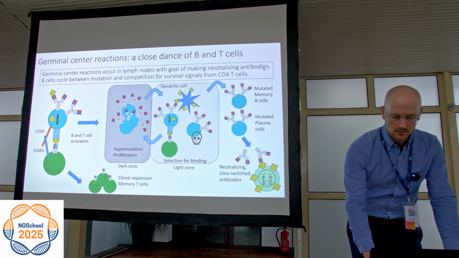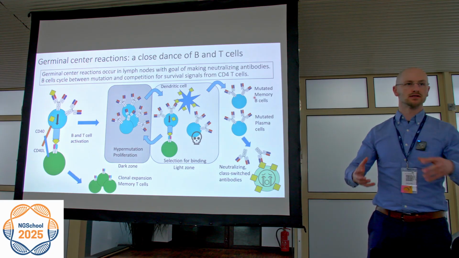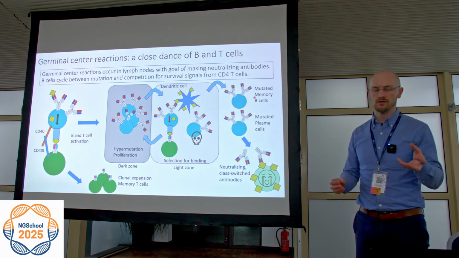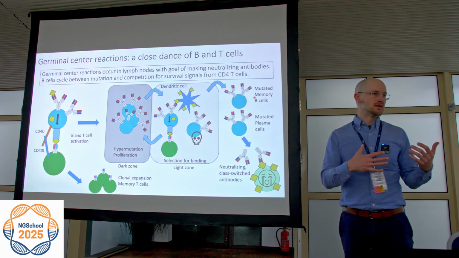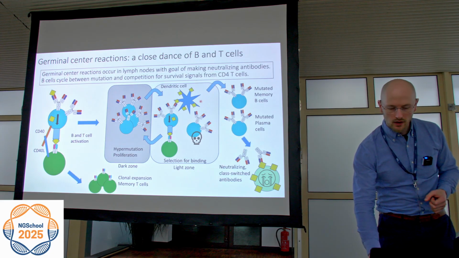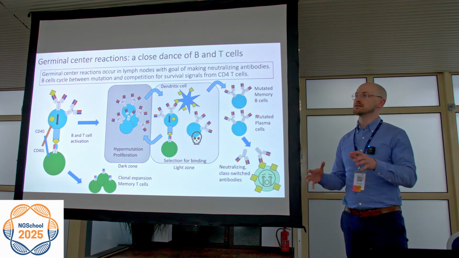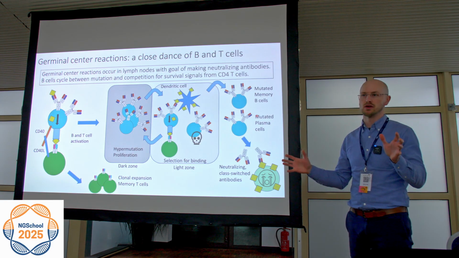After some time, this produces mutated memory B cells. So these B cells are quiescent and they can hang around in the lymph nodes, but also in the blood. And if you're exposed to this same pathogen again, they will spring back into action. It also produces what are called plasma cells. Some of these cells are short-lived and they just produce lots of antibodies in a short period of time.